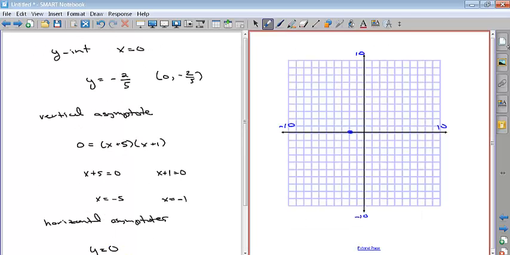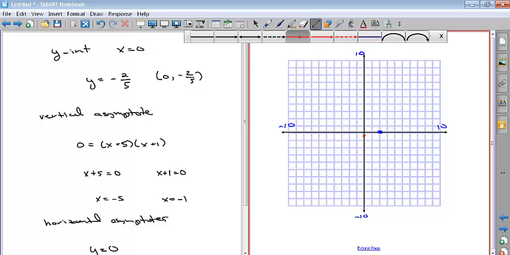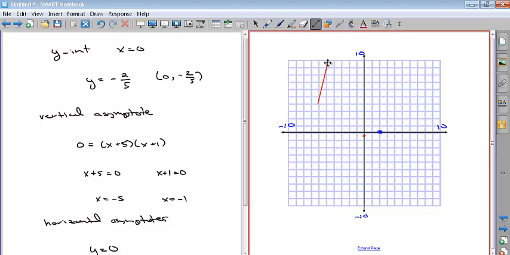Actually, it's x equals 2, sorry, the other side. So move that over there. Okay, so that's the x-intercept. The y-intercept is negative 2/5. Let's put it right there. And the vertical asymptotes are x equals negative 5, which is here, and x equals negative 1, which is here.